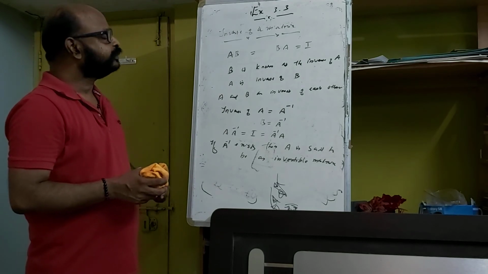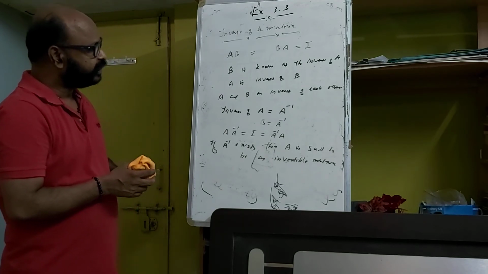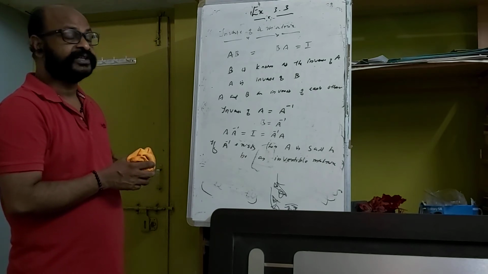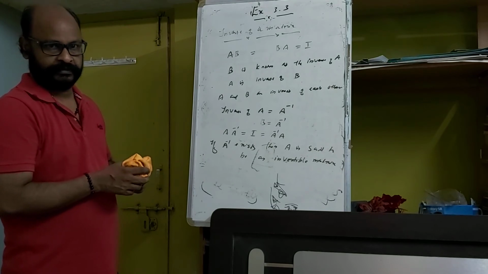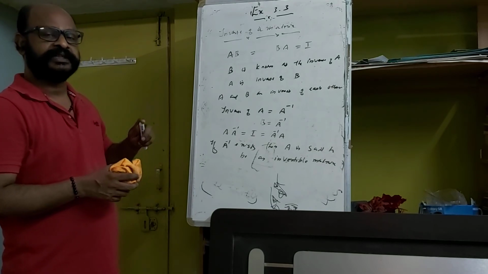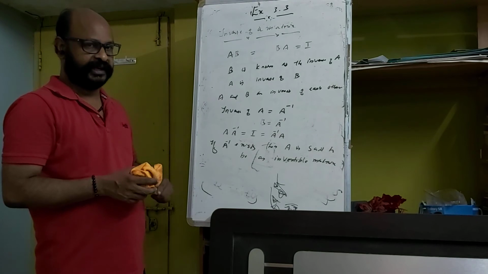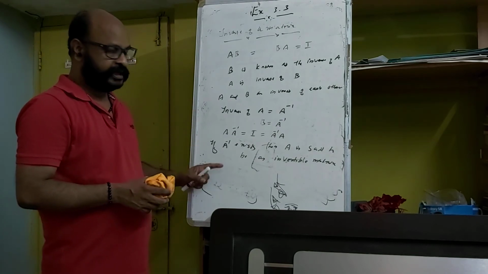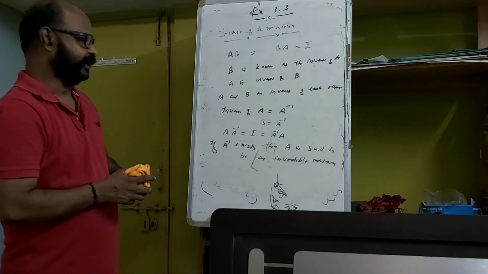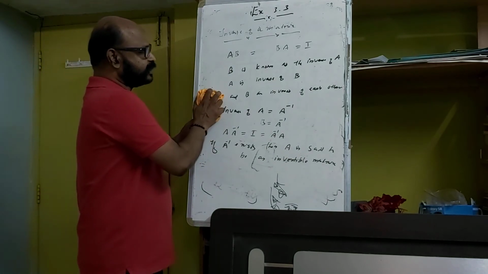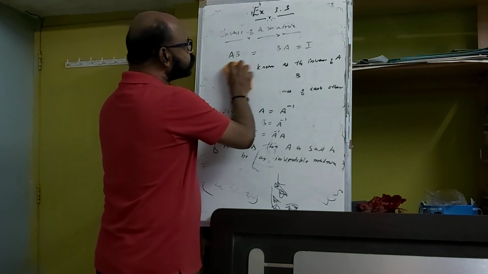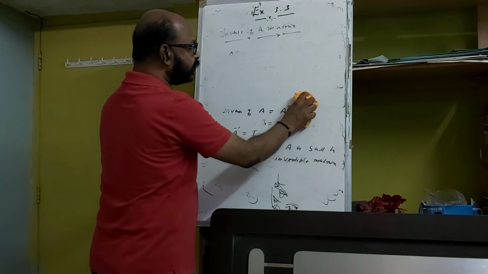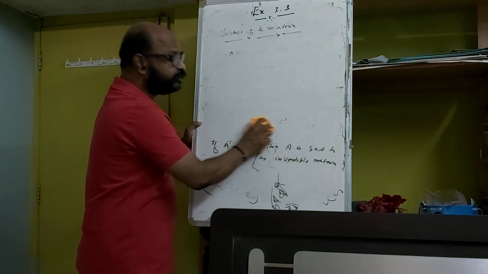Usually the inverse of A is denoted by A raised to minus 1, read as A inverse. Since A inverse is the inverse of A, A into A inverse is equal to I is equal to A inverse into A. And again, if the inverse of a matrix exists, then that matrix is known as an invertible matrix.